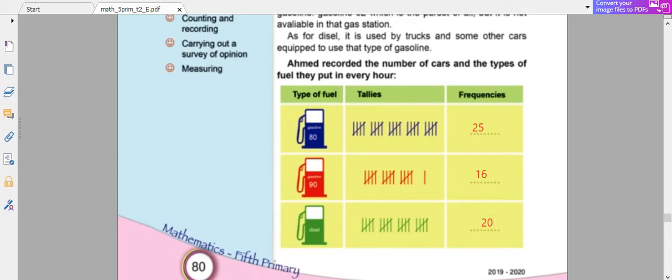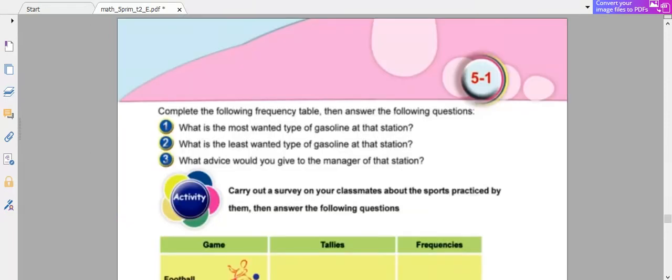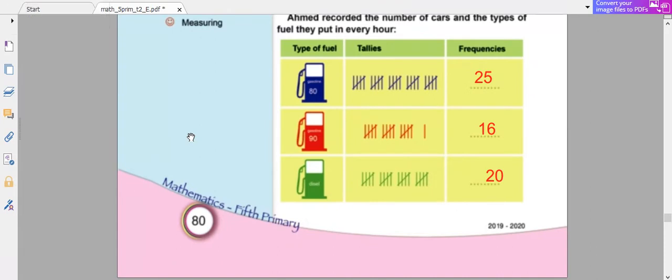Let's go to the rest of this question. Turn the page to page 81. Also about the previous question, this question: What is the most wanted type of gasoline at the station? Let's go back to our table to see the most wanted gasoline.